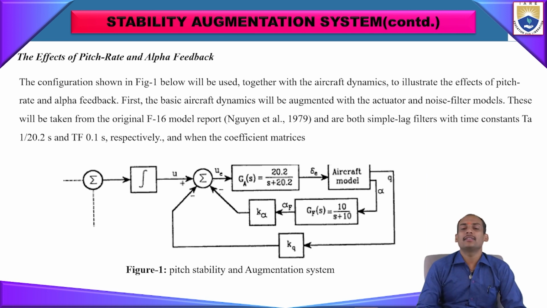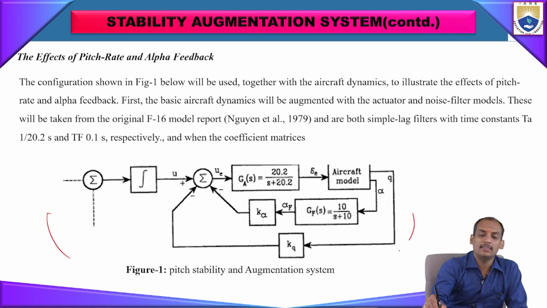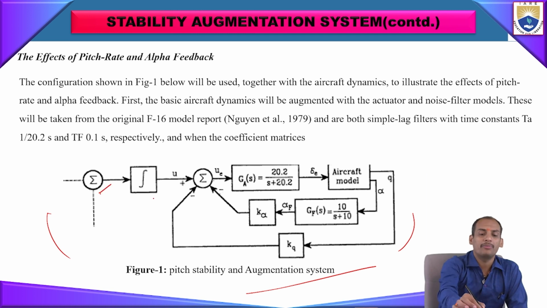The configuration of the pitch stability augmentation system is given here. I think you have seen this in the last classes also. The system contains a summing amplifier and an integrator, which is like a transfer function. After that transfer function comes the summing amplifier.